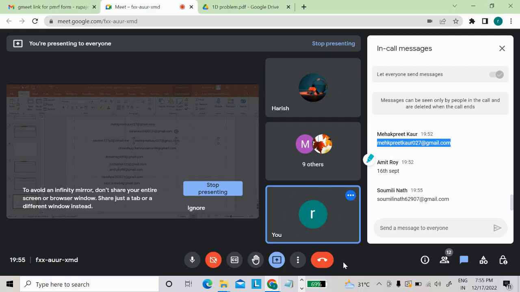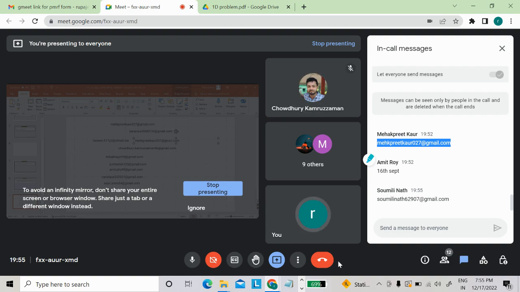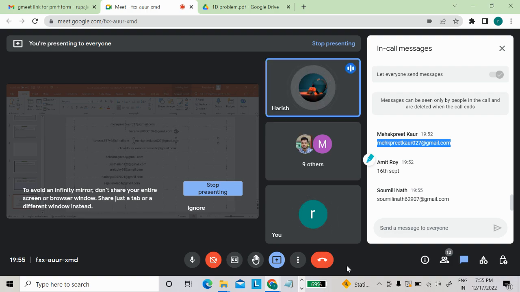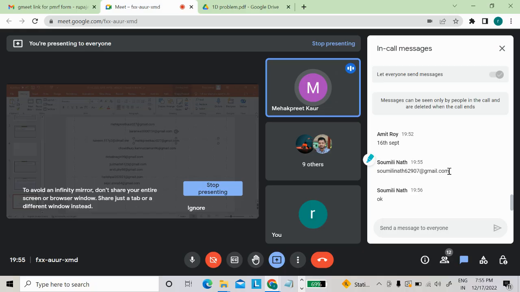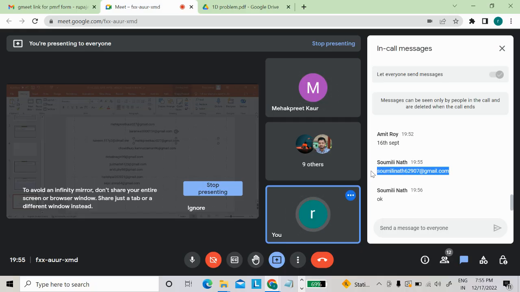Telegram. Okay, I have your mail ID. I have the mail ID of all of you, so I'll send it to you. Okay, I have noted it down. I'll share recordings. Okay, thank you, everyone.